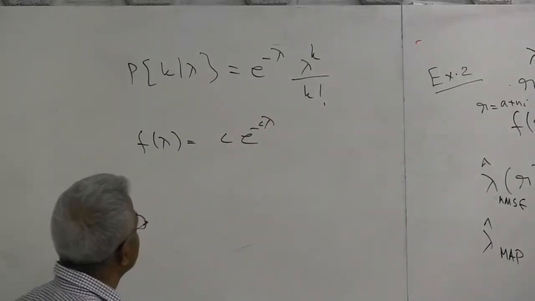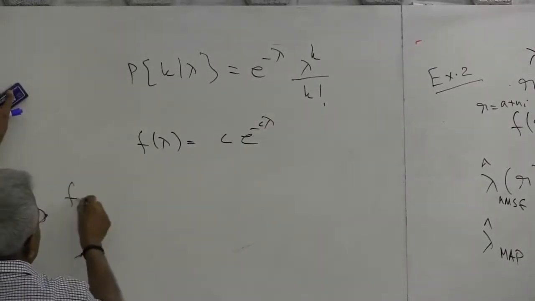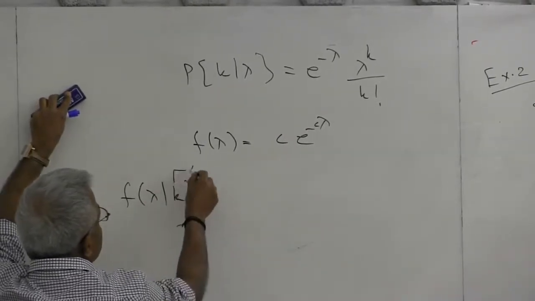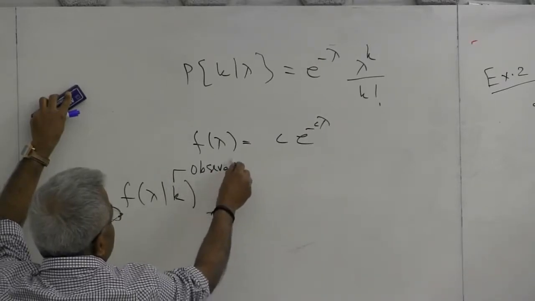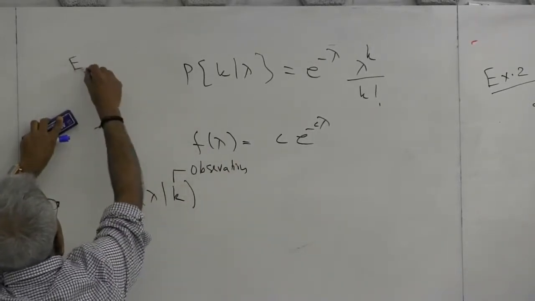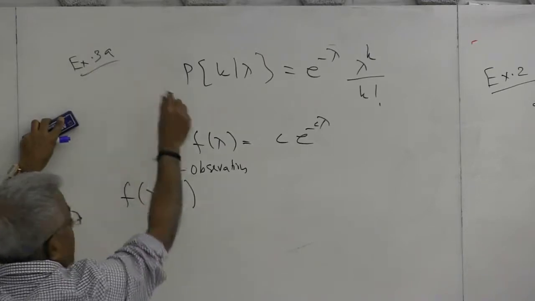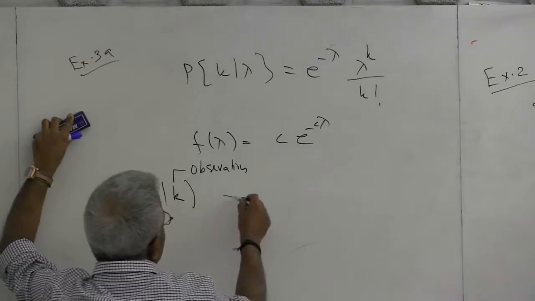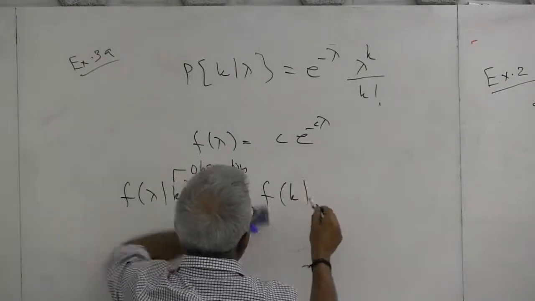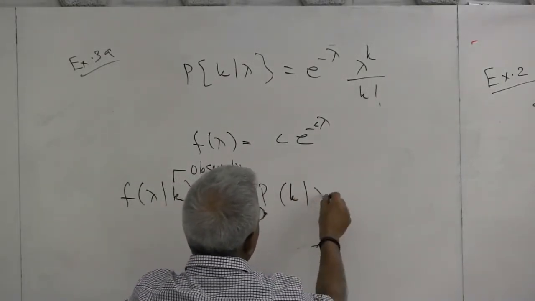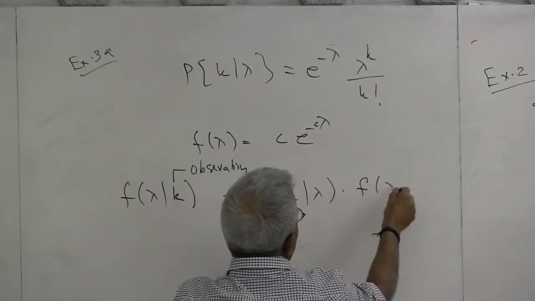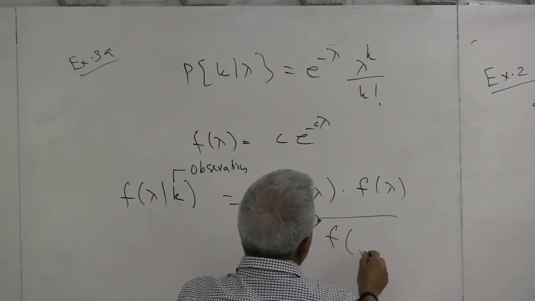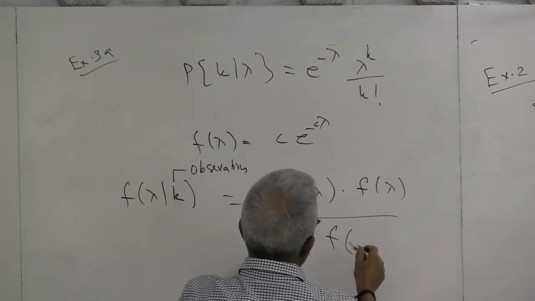Again, I expect this: f of lambda given k. K is the data here, the observation. This is a simpler case of that problem. So this is p of k given lambda, because this is discrete, multiplied by f of lambda, over f of k, right?